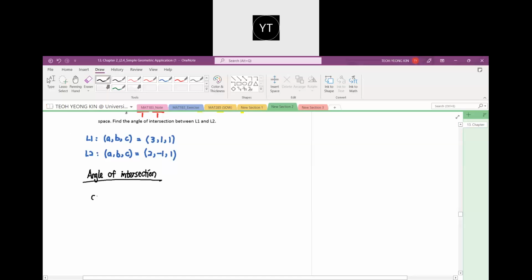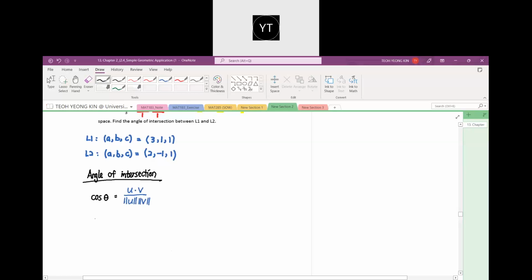Cos theta is equal to L1 dot product with L2, divided by the magnitude of L1 times the magnitude of L2. This looks confusing, so let's say I use others: U and V. Dot product of U and V divided by the magnitude of U times the magnitude of V.